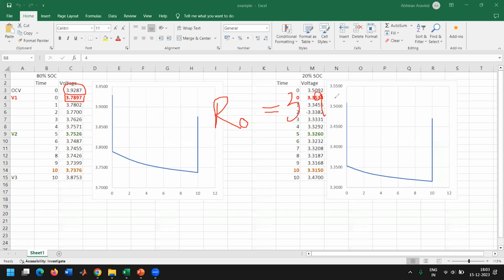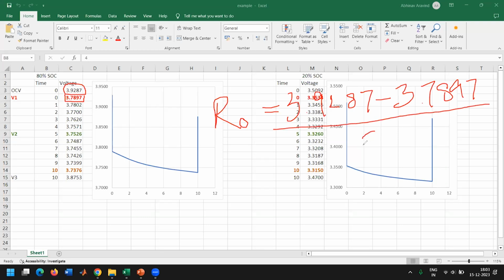3.9287 minus 3.7897, divided by the current. Here the current is 3.1 amps.